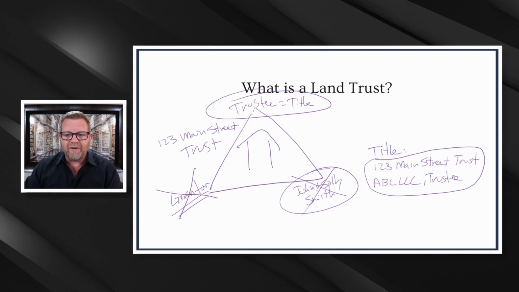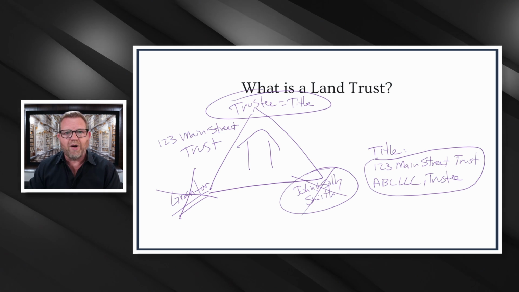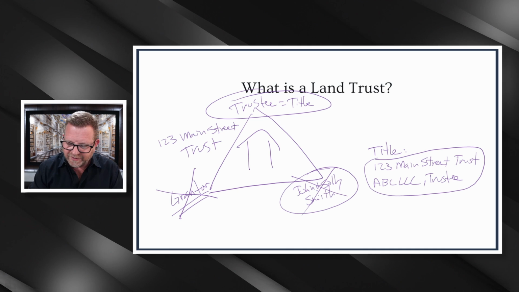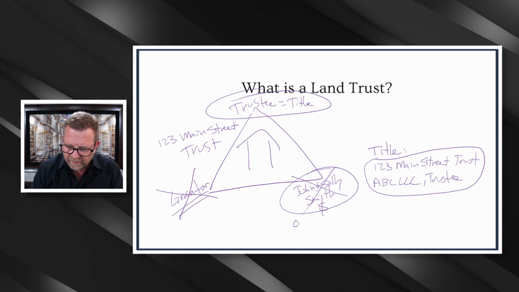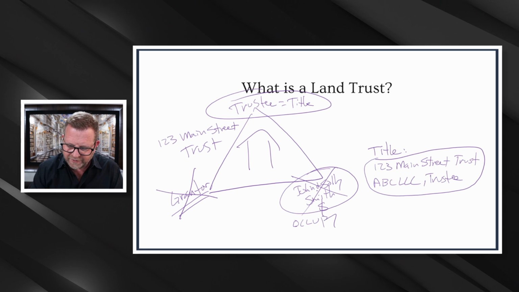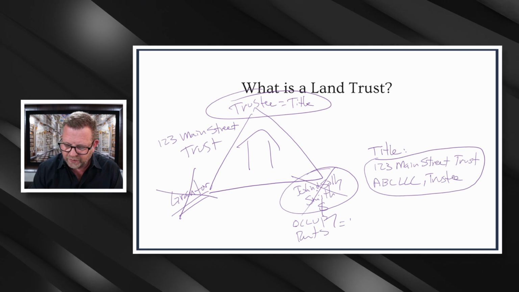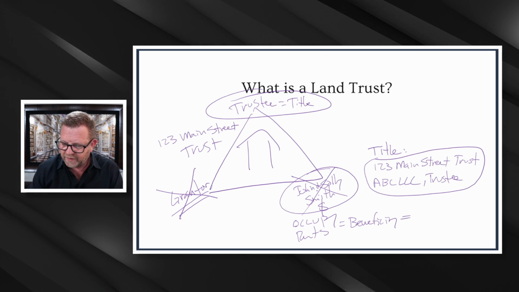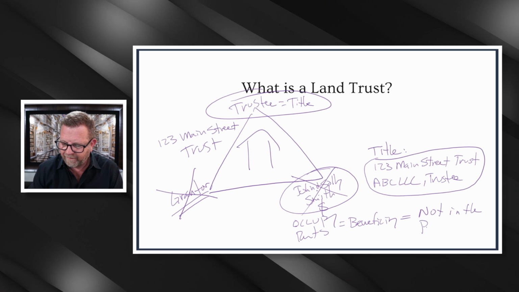Gets your name off. And that way, even though the property is now owned by the trustee, the rights to all the money, the rights to occupy, the rights to receive rents, for example, all of that belong to the beneficiary, which is not in the public eye.